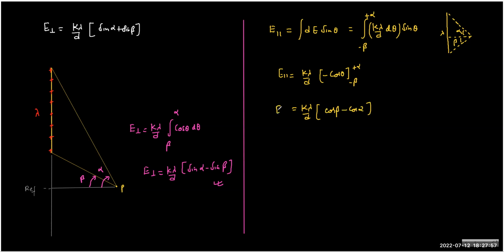Cos is a decreasing function, so for a small angle it will have a bigger value. If beta is small, cos beta is the bigger value. So we always subtract: cos of small angle minus cos of big angle. That's the way to remember. Don't think about the diagram and all. Just write cos of small angle minus cos of big angle. Is this clear?